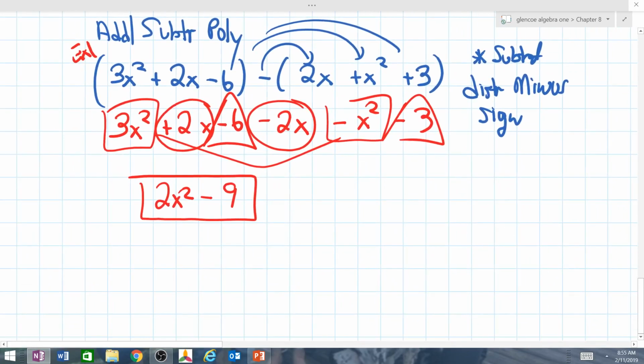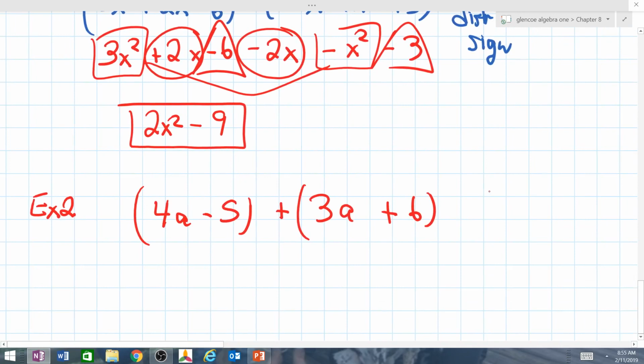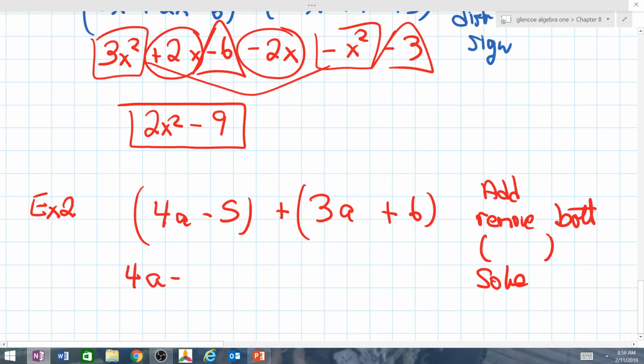And that one is in your notes, so you can refresh and go back there. Here is example number 2: 4a minus 5 plus 3a plus 6. So when we're adding, you could remove both parentheses and solve. 4a minus 5 plus 3a plus 6.